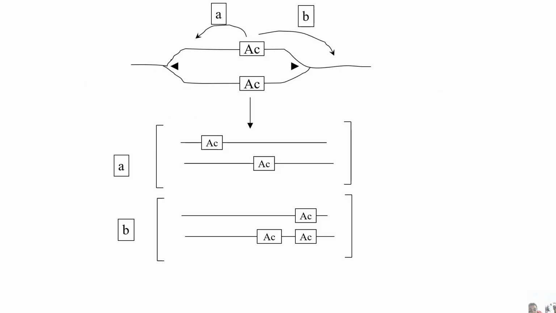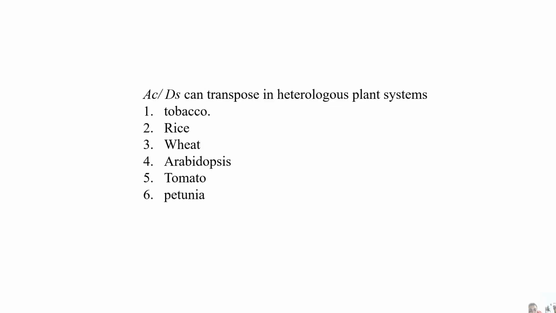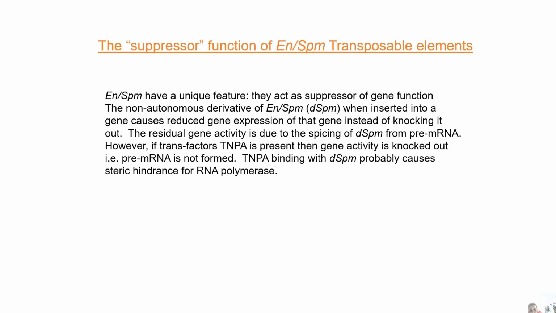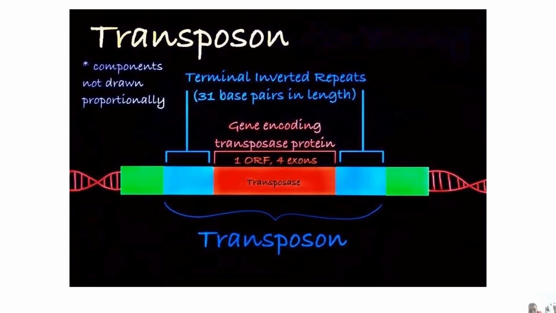I'll not go into much detail of all of these. So this is how you can explain a transposon. Components not drawn proportionally. Terminal inverted repeats 31 base pairs in length, encoding the transposase protein. This is a transposon.